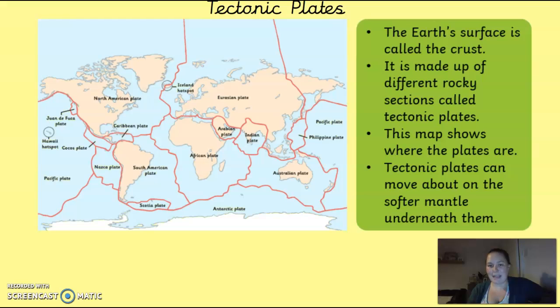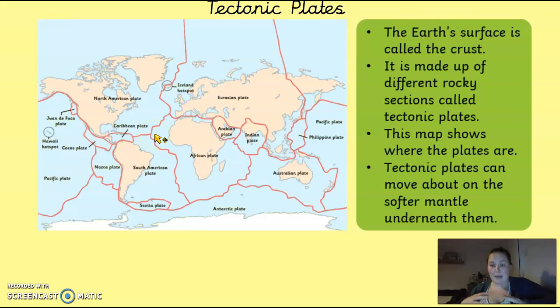So, tectonic plates. Yesterday, we talked about the surface of the Earth being the crust, and we did talk about it being made up of different plates. Now, this is a map of the Earth, and you can see the lines that I've drawn here are showing the different plates. So they're almost like pieces of a puzzle, really, and they're the different parts of the crust all joined together.